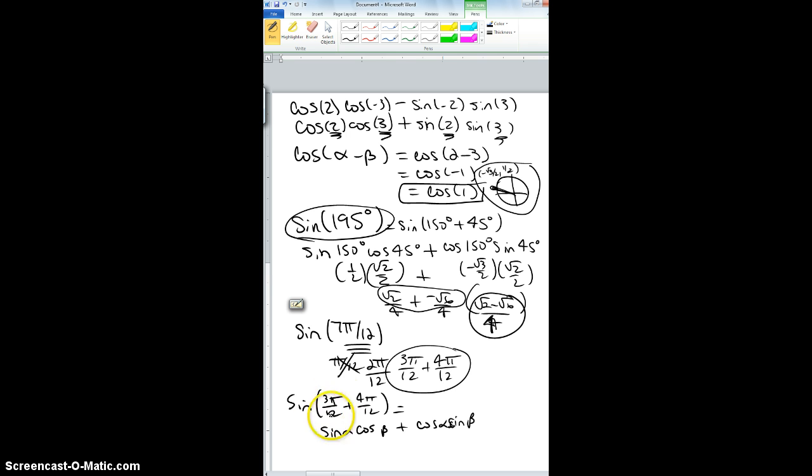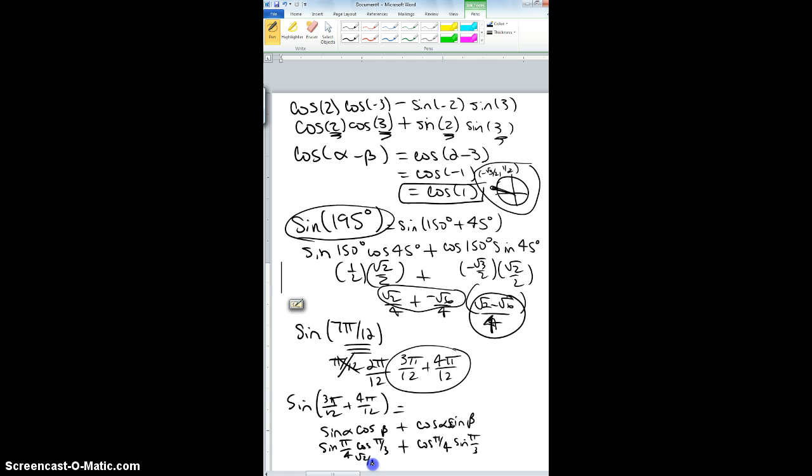My alpha is this guy, which is really pi over 4. Sine of pi over 4. So my alpha over here is cosine of pi over 4. And then my beta is pi over 3, so cosine of pi over 3. There's my plus. Again, when you put in an angle, you get a ratio.